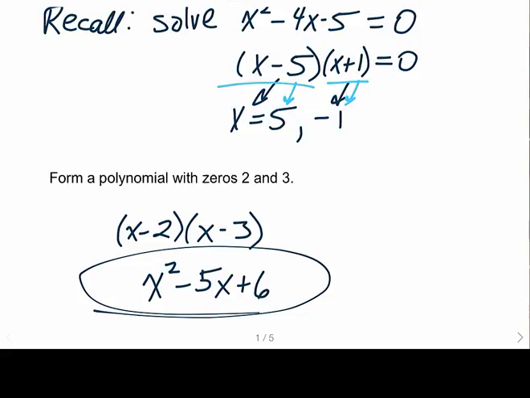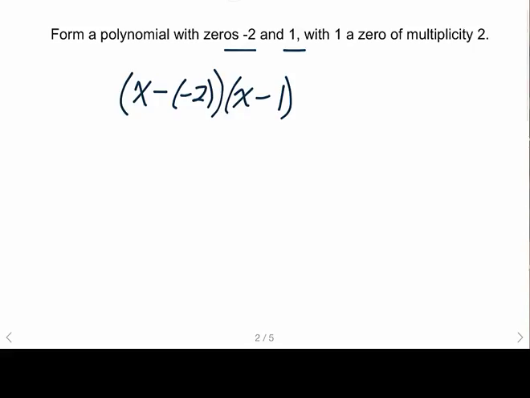So when we put a zero into a polynomial, the factor of a polynomial that is, then it's appropriate to use subtraction. And the x minus 1 probably makes a lot of sense. Now that we've thought about it a little bit, the x minus negative 2 probably makes some sense. We're going to cut to the chase from now on when we're dealing with real zeros.